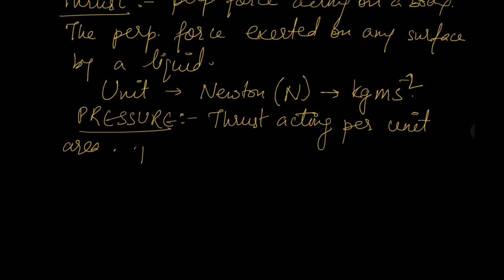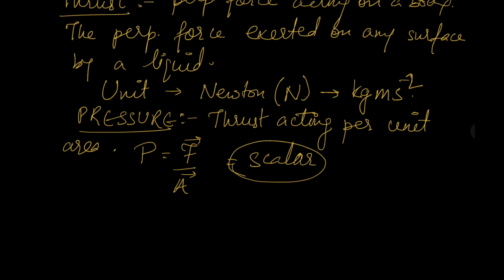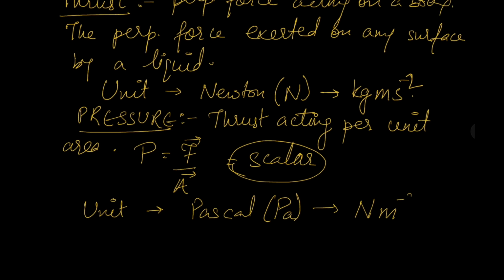So since pressure is equal to force or thrust upon area, it is scalar. Pressure is scalar. And the unit of pressure is Pascal, which is denoted by capital P and small a, and is equal to Newton per meter square.